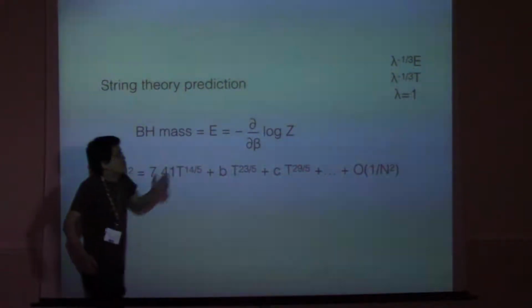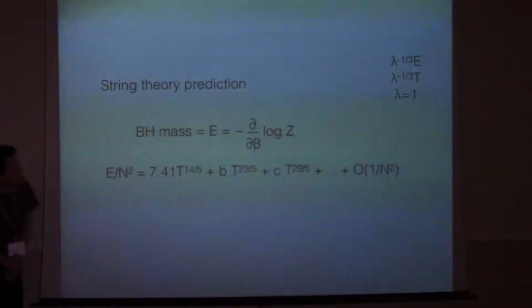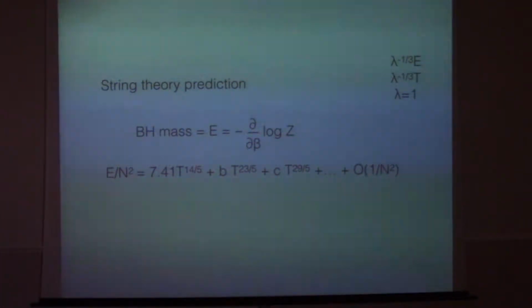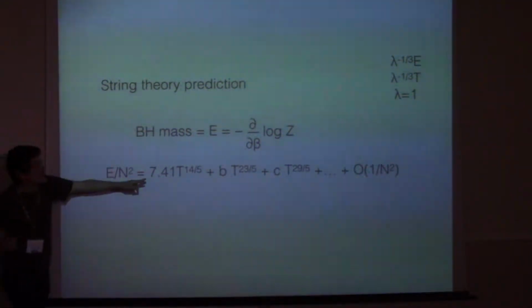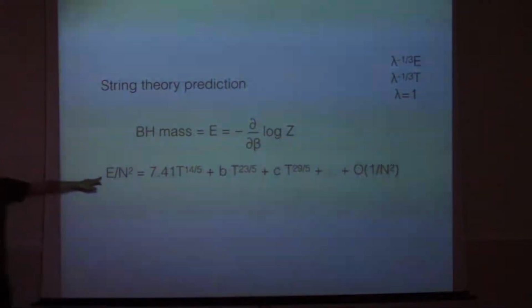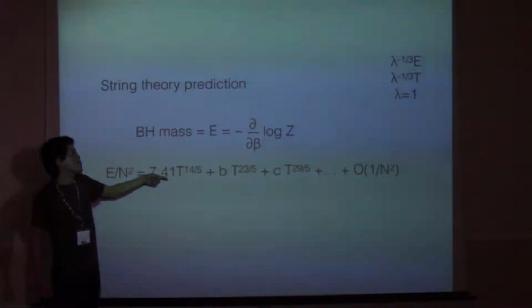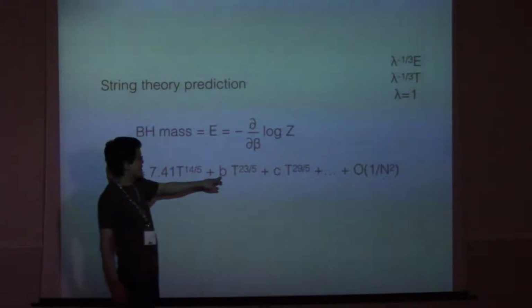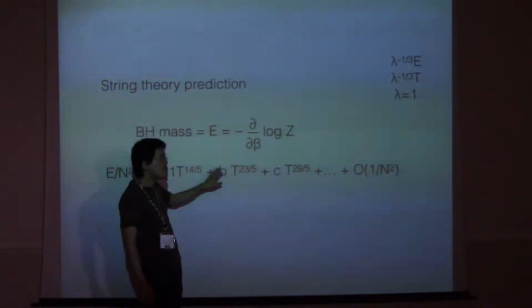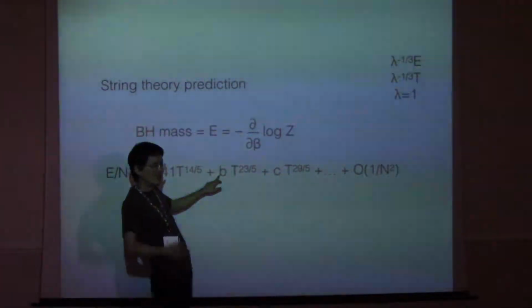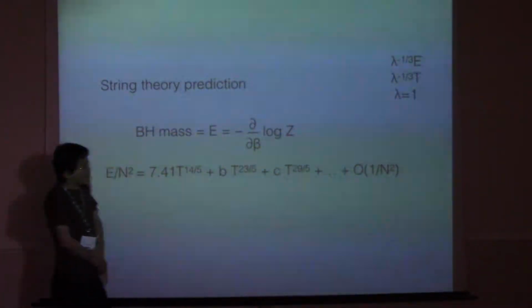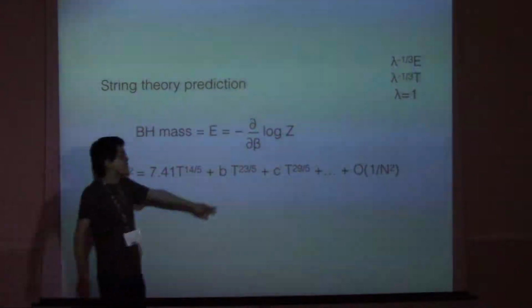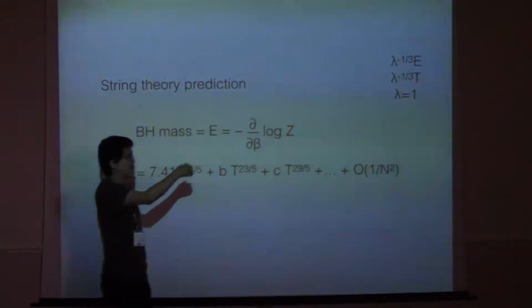Because the coupling constant has mass dimension, naive power counting doesn't work, and very strange powers can actually appear. If you calculate energy divided by N squared, it's something like 7.4 times T to the 14 over 5, plus some unknown constant, which can in principle be calculable but people don't know from the string theory side, times T to the 23 over 5, plus an unknown constant times T to the 29 over 5, plus and so on.